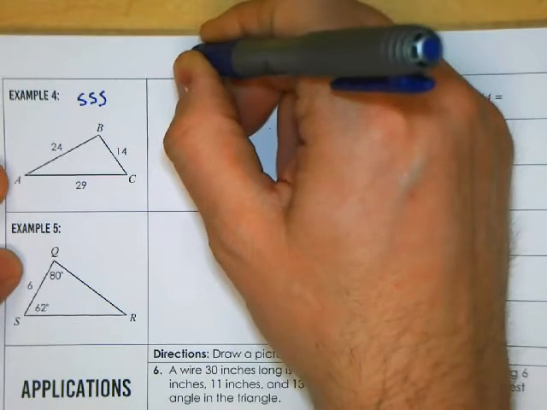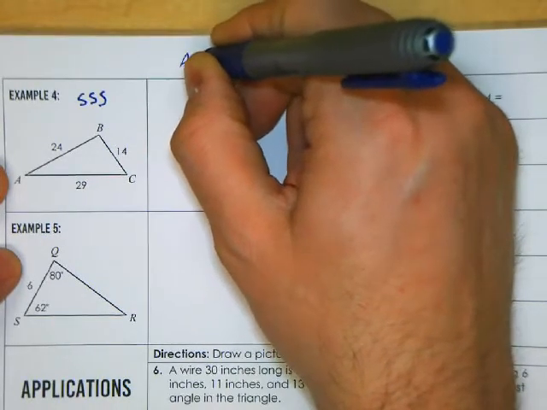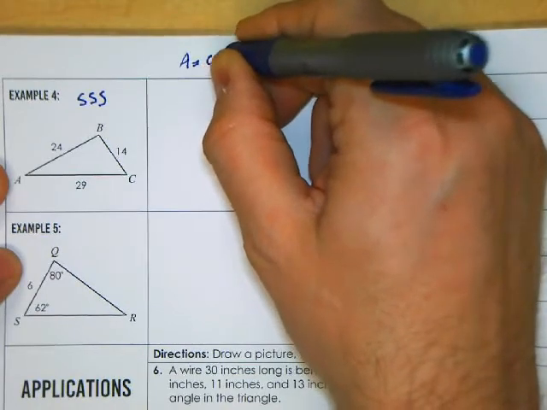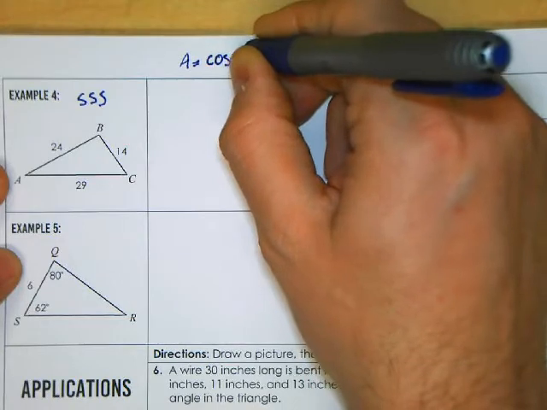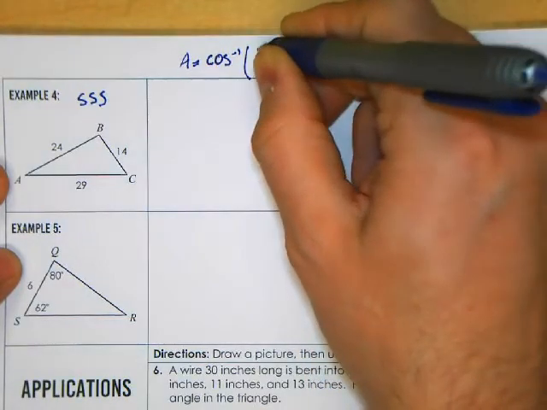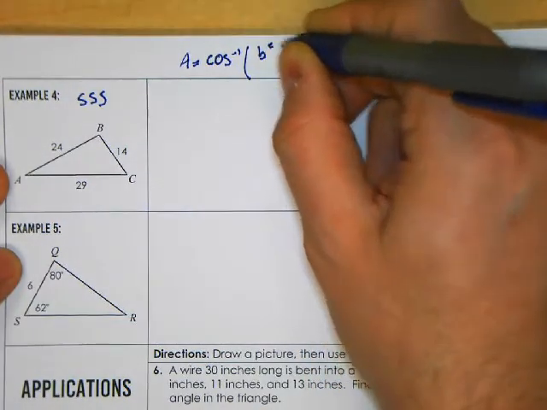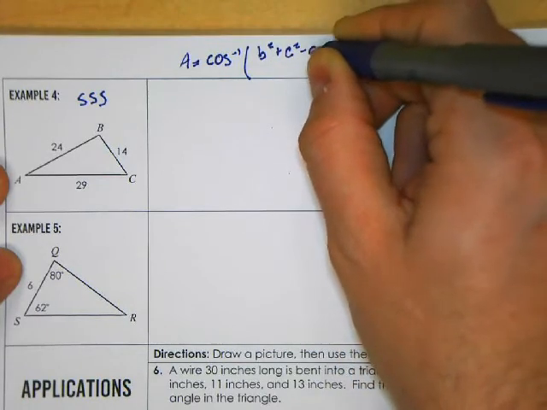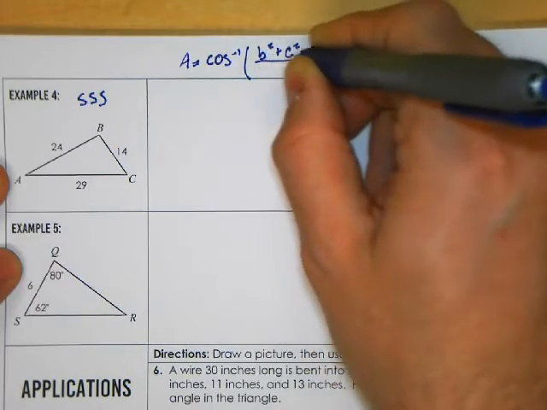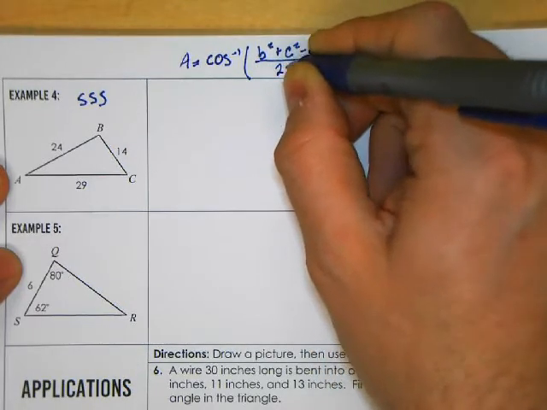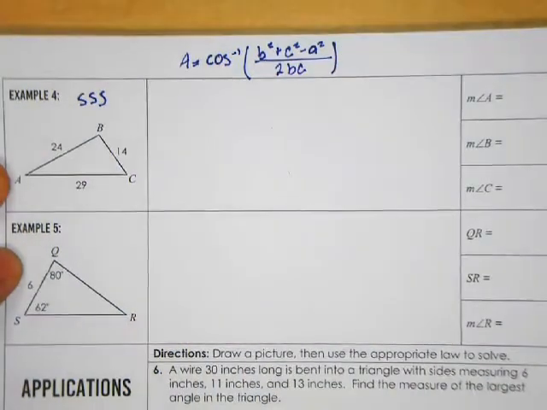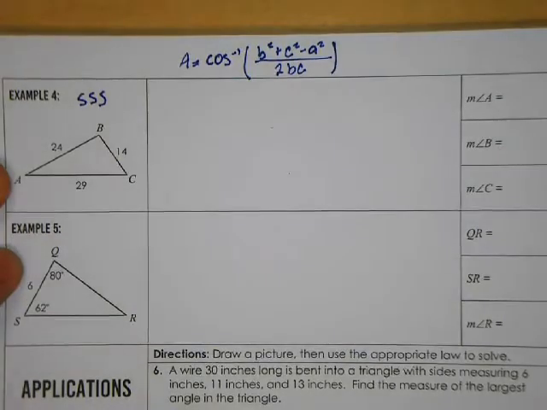So for instance, let's find the measurement of angle A. You can find the measurement of angle A by saying the inverse cosine of whatever side B squared is plus whatever side C squared is minus the side A squared, and all of it divided by 2 times B times C. This is all we did to get this was just do a little bit of algebra with the law of cosines problem that we had to be able to get this.